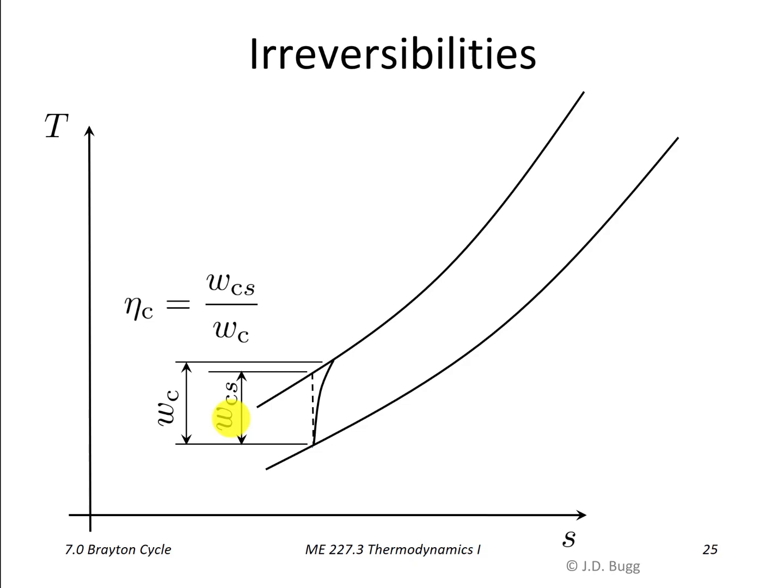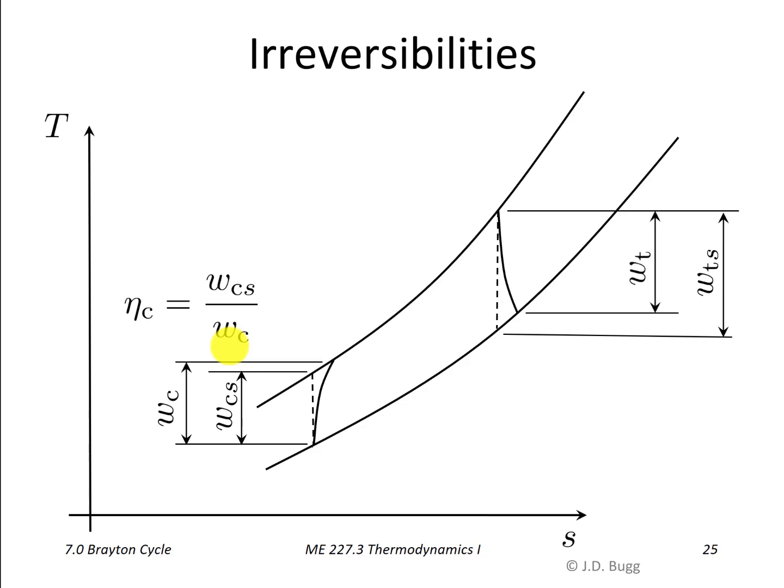So that brings us back to the expression for the isentropic efficiency, and that's the isentropic work divided by the real work. And we can see in this illustration that the real work is larger than the isentropic work. Same thing happens over on the turbine side. The vertical distance between those two points is the work that the isentropic turbine would produce, but the real turbine will drift off to the right, and therefore the real work will be less than the isentropic work.